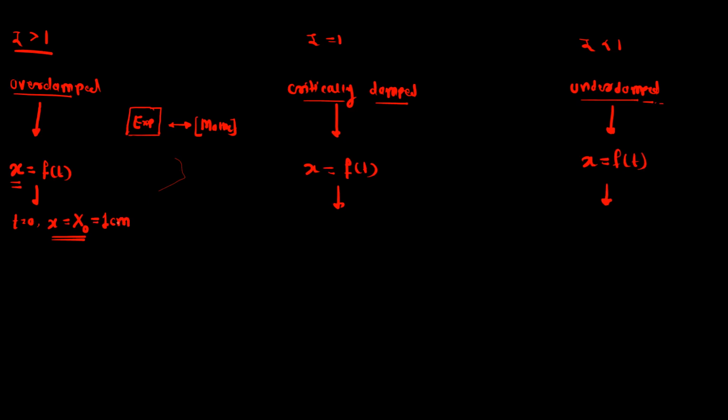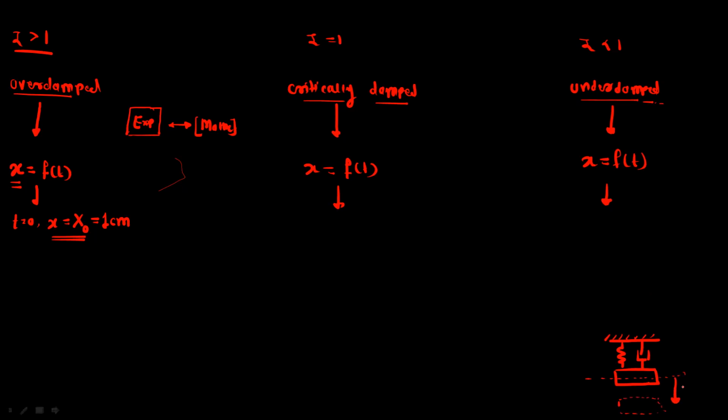Just imagine we have a spring, mass and damper system. And this is the static equilibrium position, the dotted line. Suppose we displace this mass to a certain displacement.